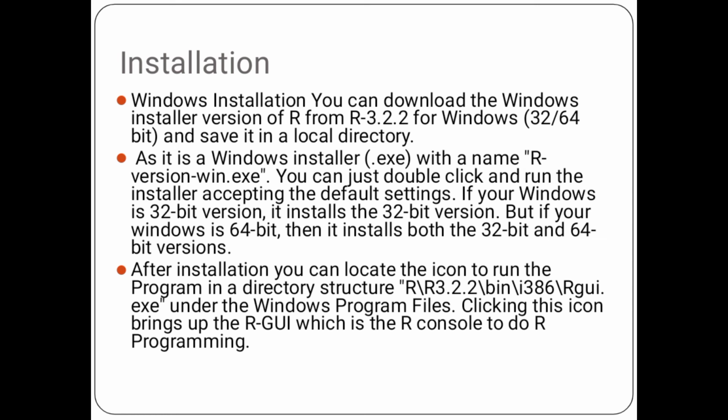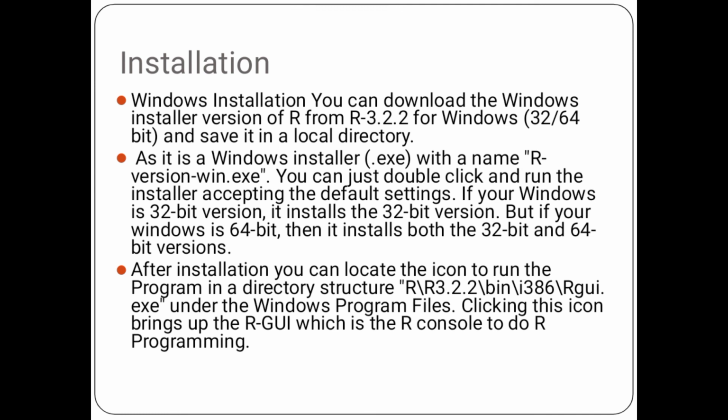After installation, you can locate the icon to run the program in a directory structure like R slash R-3.2 slash bin slash i386 slash Rgui.exe under the Windows program files. Clicking this icon brings up the RGUI, which is the console to do R programming.